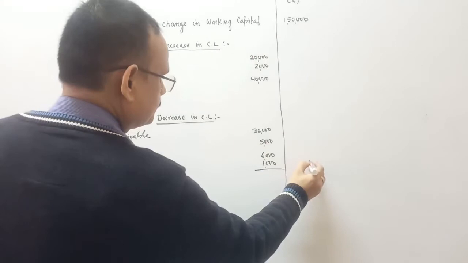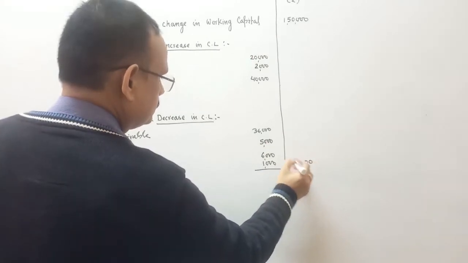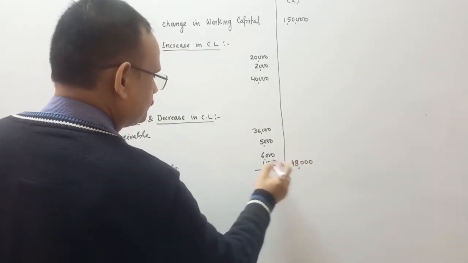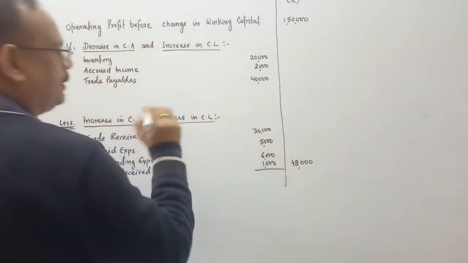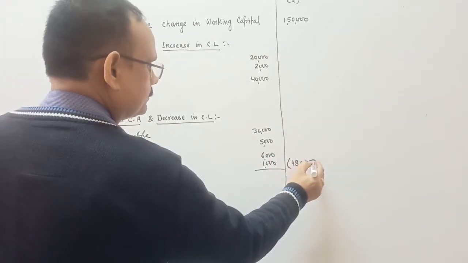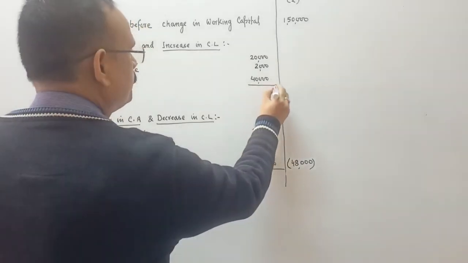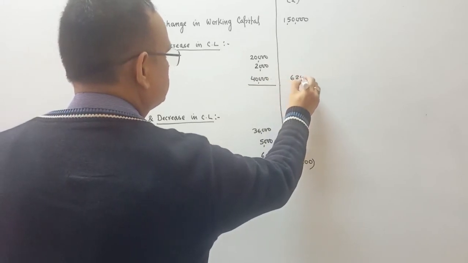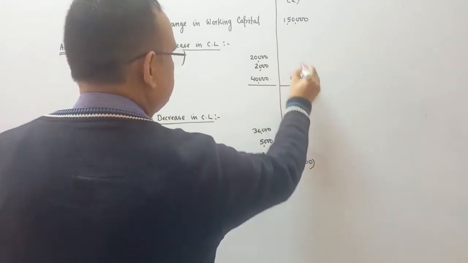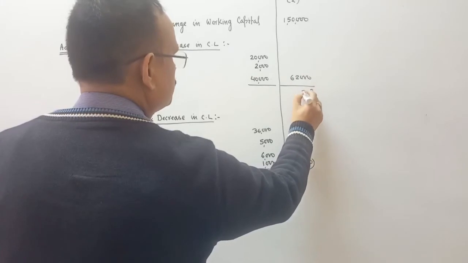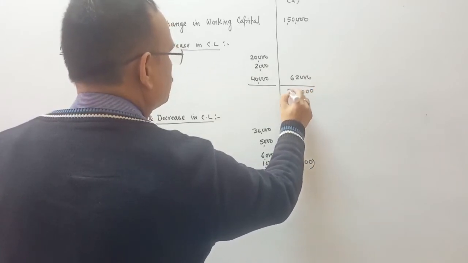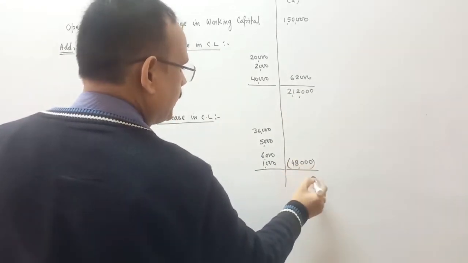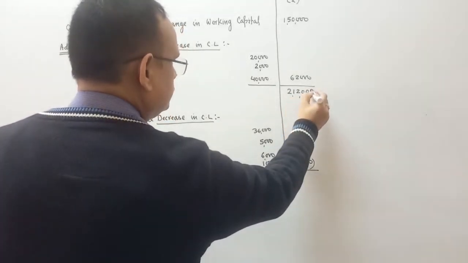So total is 48,000. We'll deduct it, and this we will add. It is 2,12,000, and thereafter we'll deduct 48,000 from this figure.